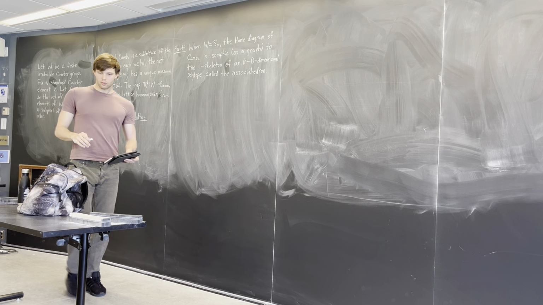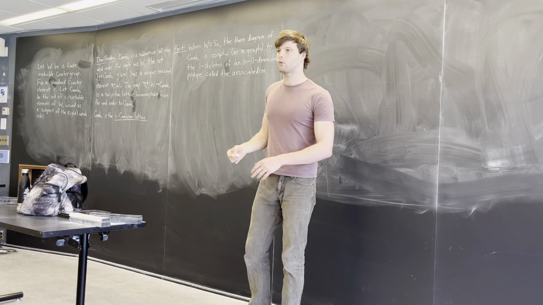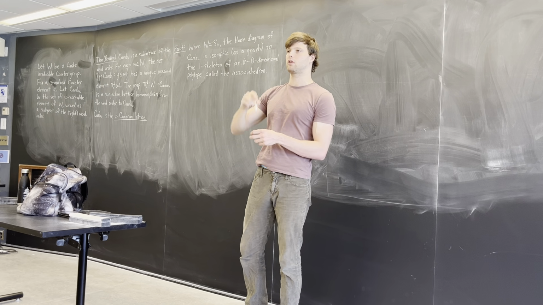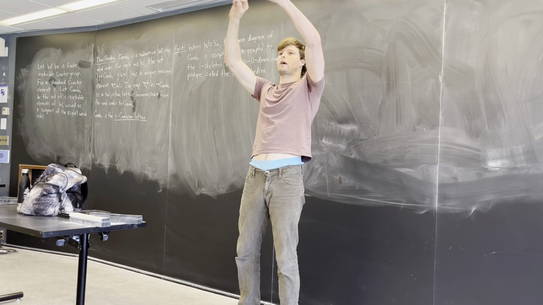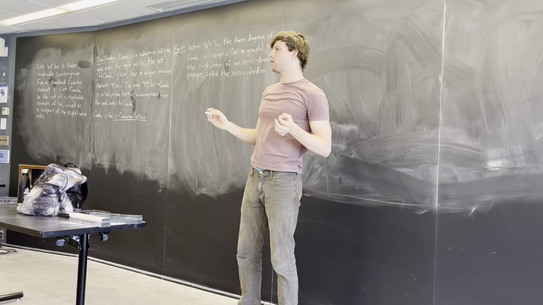And by one skeleton, what I mean is you draw your polytope, and you say, I'm going to form a graph where the vertices are the vertices of my polytope. And if there's an edge of my polytope connecting two vertices, then that becomes an edge in my graph.